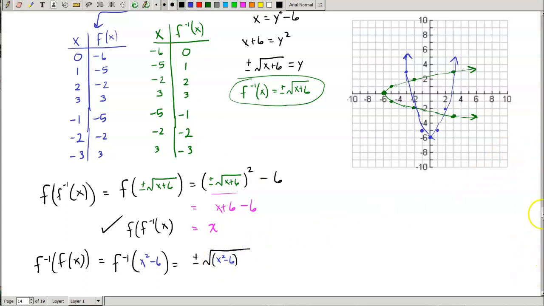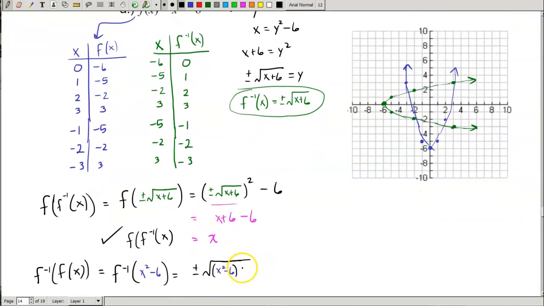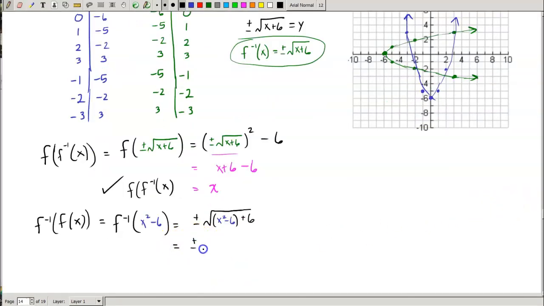And remember, the original function, again, was, where was it? Oh yeah, it's right there. Plus, so this would be plus 6 right here. So I'd have plus or minus the square root of x squared minus 6 plus 6. I really can just cancel off those 6's, and then I'll have x squared. I know that the square root of x squared is going to be just x, or actually plus or minus x.